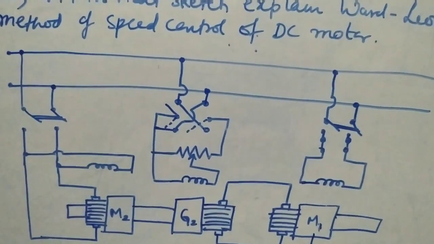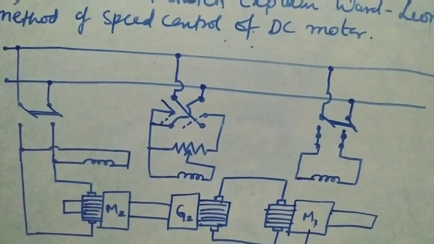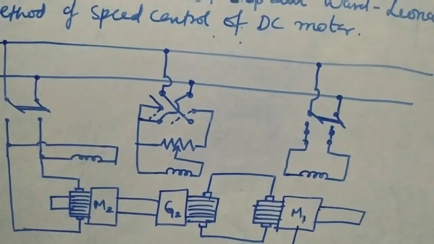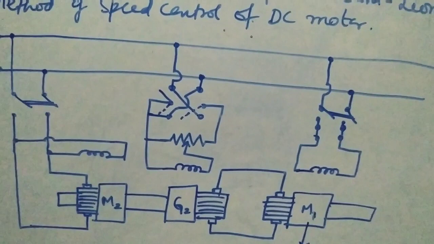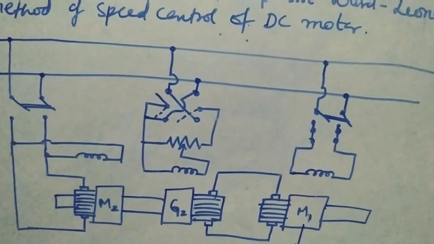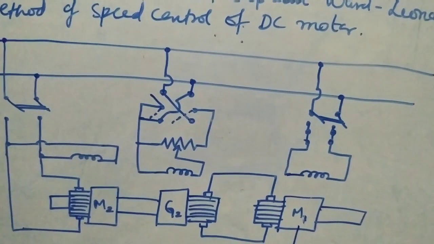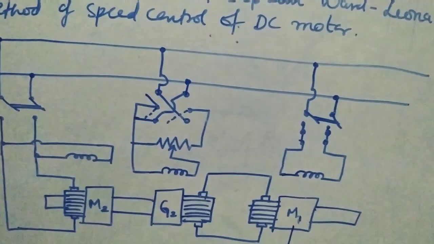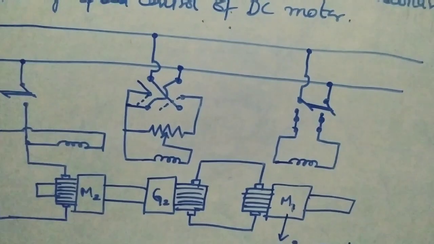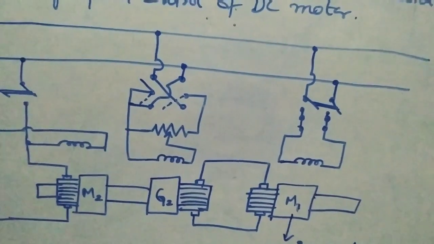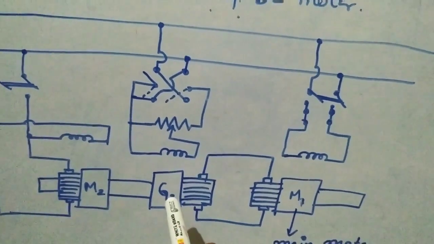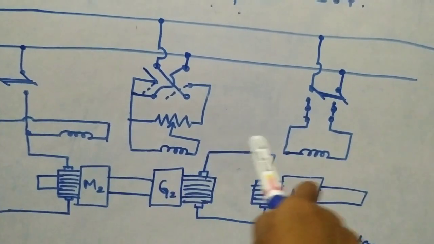To provide this variable voltage, the motor generator set-up is used. It consists of either an AC or a DC motor which is directly coupled to a generator. This motor runs at an approximately constant speed. The output of this generator is fed to the motor M1.